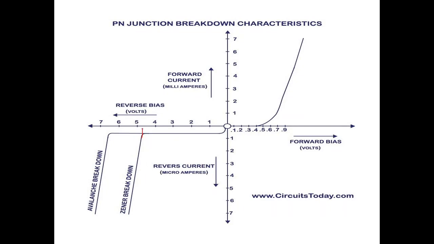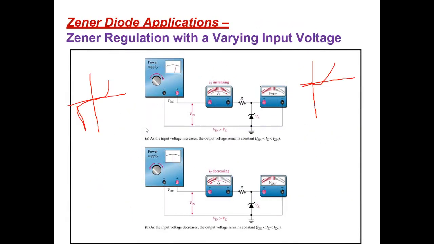So if you neglect the small variation of voltage, the voltage remains constant. Whenever we use the Zener diode in the reverse bias case, once it has entered the breakdown condition, it maintains a constant voltage, suppose here 4.8. That is the application of the Zener diode: it can maintain a constant voltage.